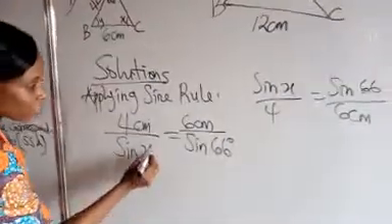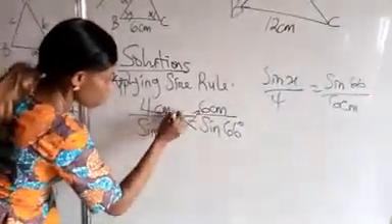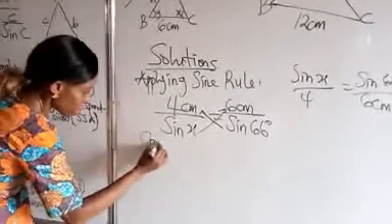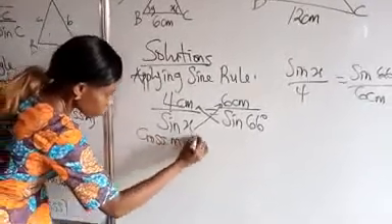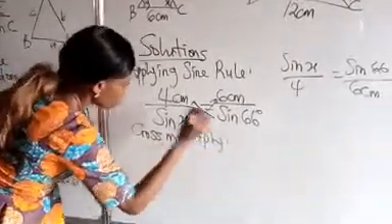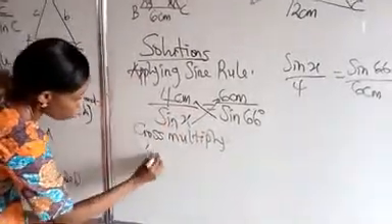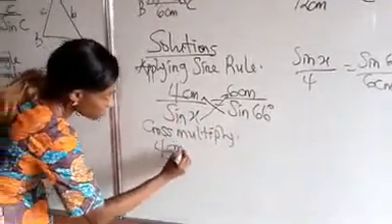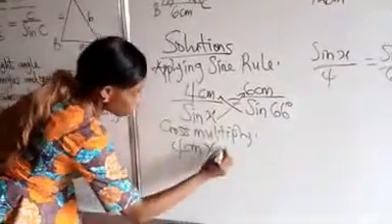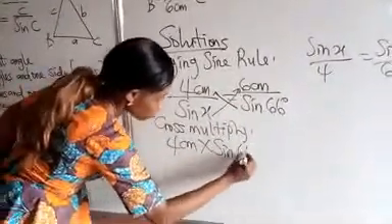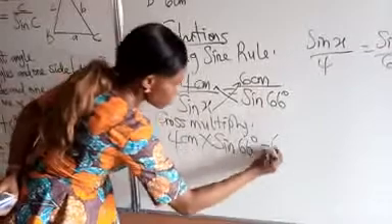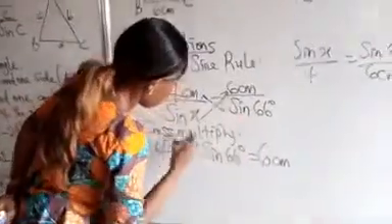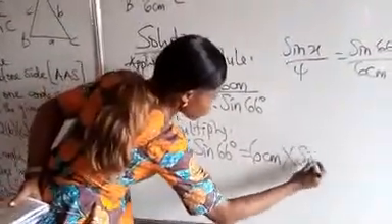So what is sine x? Cross multiply. When you cross multiply, we have 4 cm times sine 66, equal to 6 cm times sine x.